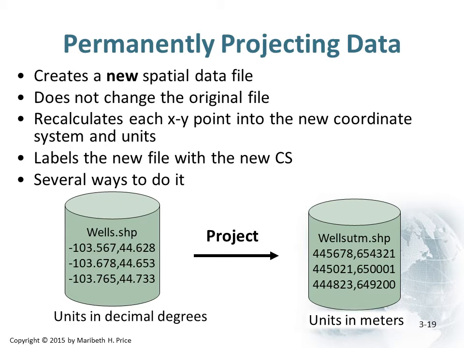There are lots of ways to do it. I'm only going to focus on the basic stuff. But we have wells information, two data sets. The one on the left is in a GCS. We want it in a UTM. We use the project tool. We get a new data set of wells, but instead of having those GCS numbers, we now have the UTM numbers.